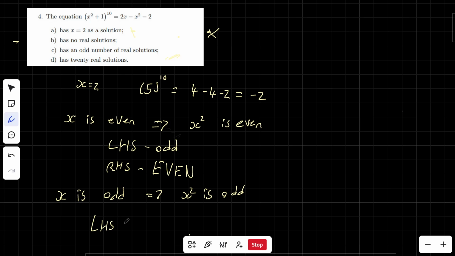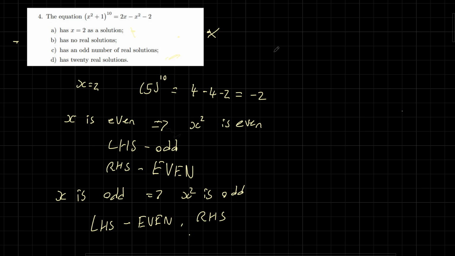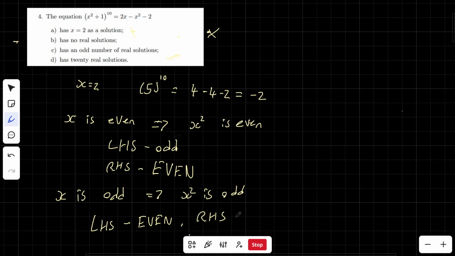So the left-hand side must be even. But the right-hand side, 2x will be even, x squared is going to be odd, and 2 is even. So it's an even minus an odd minus an even. That's going to be an odd number. So the right-hand side is odd.